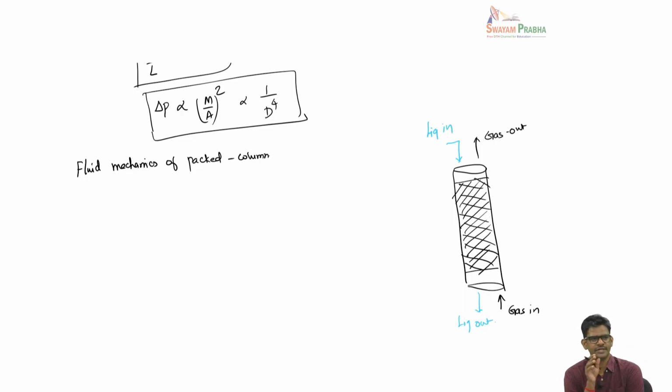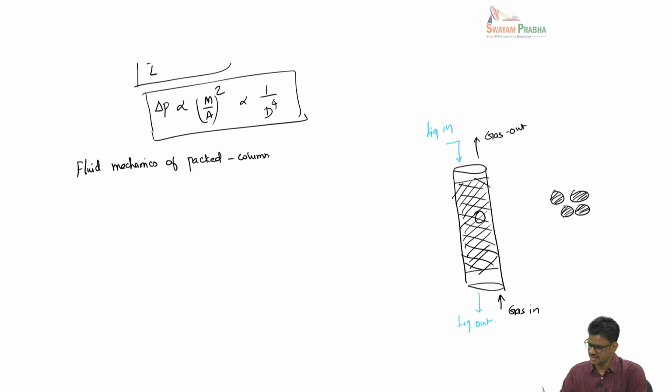Here the flow is a little more complicated. When there is only a single fluid, it goes through the porous volume available in the packed material. But when two fluids flow countercurrently, if I take a small region and zoom in, you will see there are packing materials. Here I am showing the packing as spheres, but it can be any other packing material.